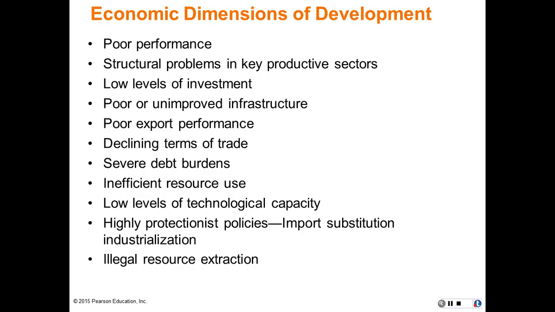There are low levels of technological capabilities, also resulting in lower production rates. Many countries have high protectionist policies to protect their import substitution industrialization, or industries that are produced using local materials and done within the country where the materials are produced to reduce import costs.